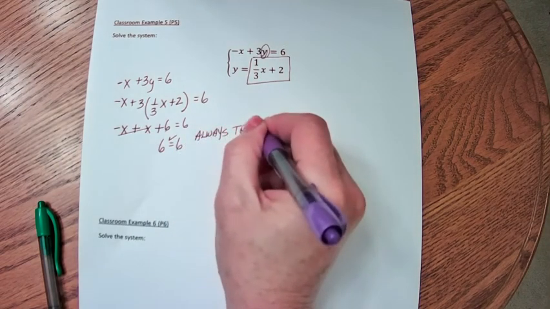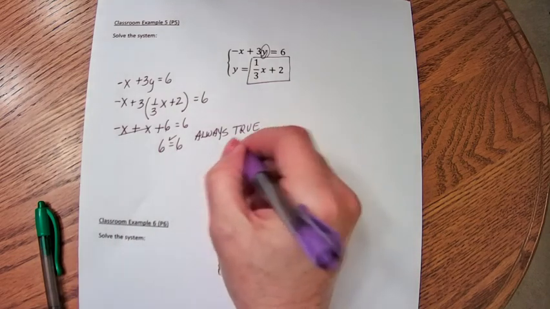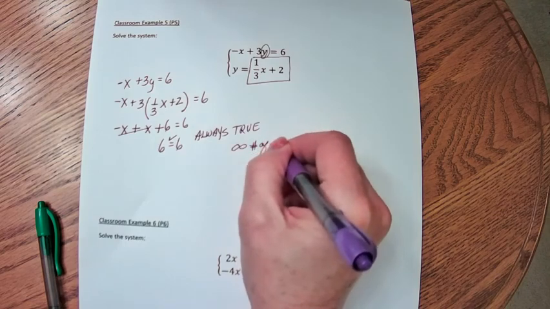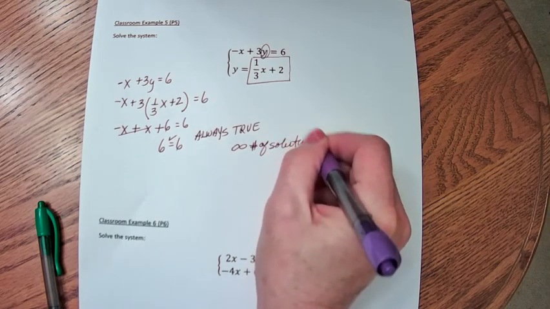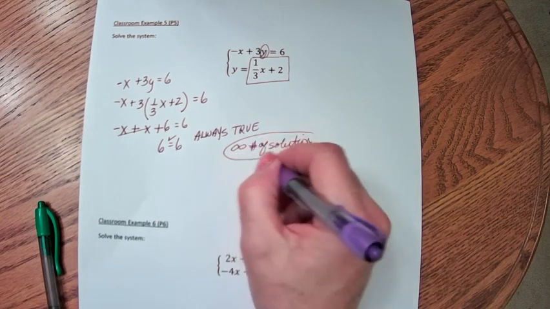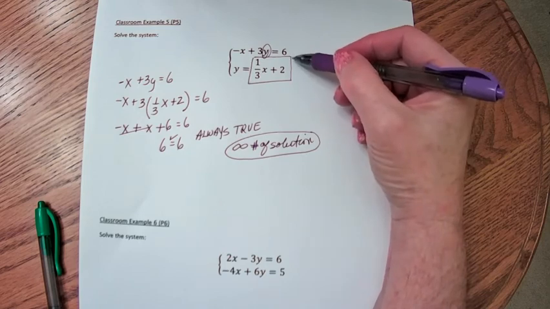Do you remember when we learned to solve linear equations with one variable, if we came up with something that was always true, we would say there's an infinite number of solutions. If you come up with something that is always true, it's an infinite number of solutions. What that means is these are really the exact same line.